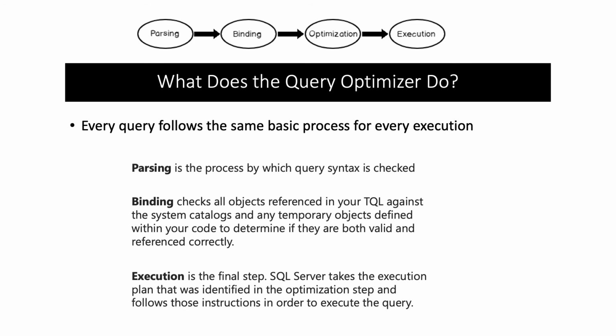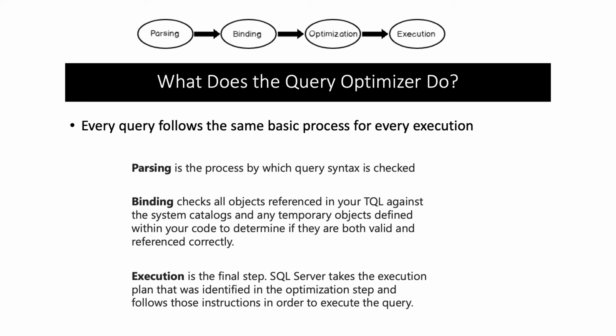What does the query optimizer do? There is a basic process channel for every execution. For the query optimizer also there is a process where parsing comes first, then binding, then optimization, and finally we get execution. Parsing is the process by which query syntax is checked.